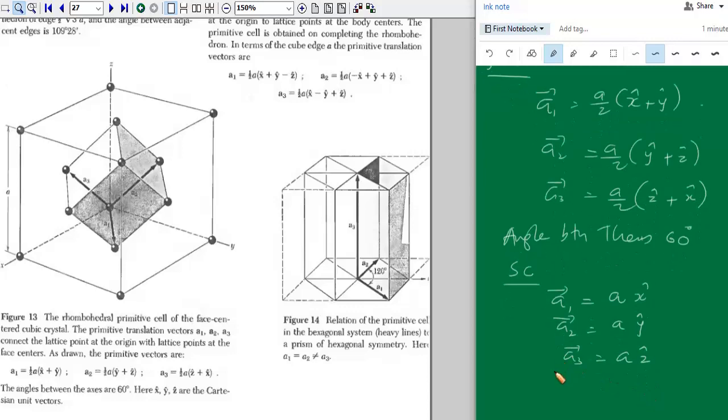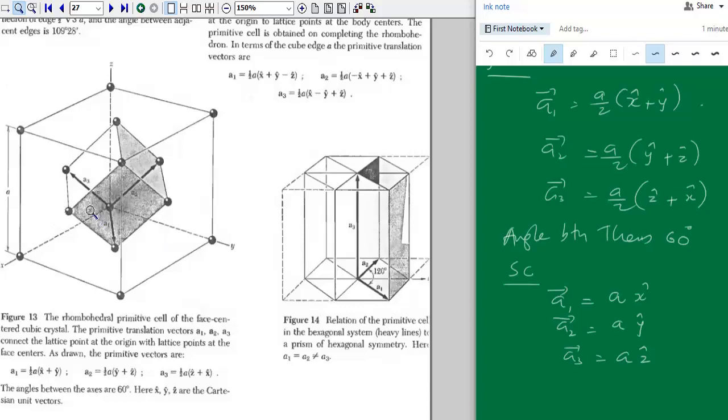Because in simple cubic there is only one lattice point, but in FCC there are 4 lattice points, and in BCC there are 2 lattice points. Therefore, we have to consider a separate primitive cell for these 2 cells.